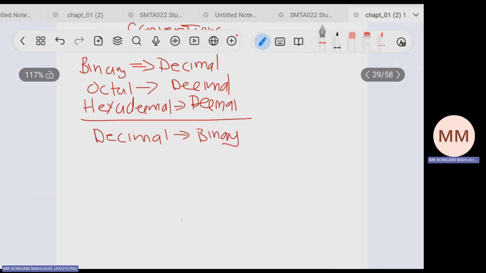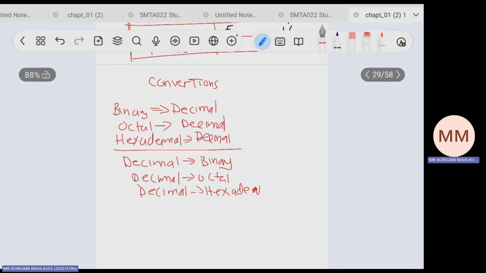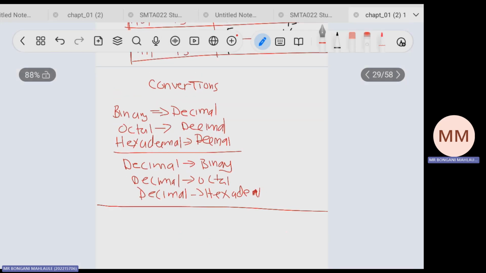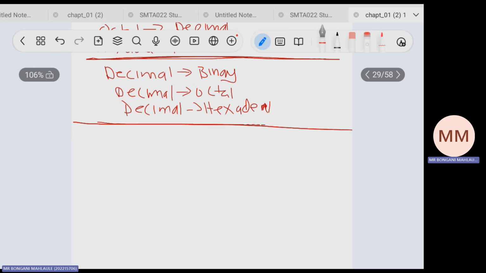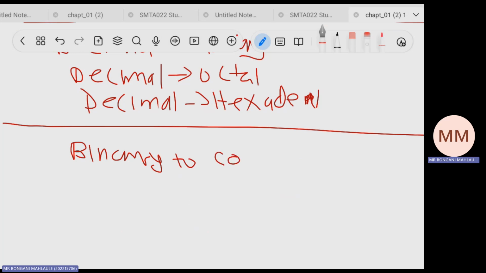And we also can convert from, so let's divide this, binary to octal. Can also convert from binary to hexadecimal.